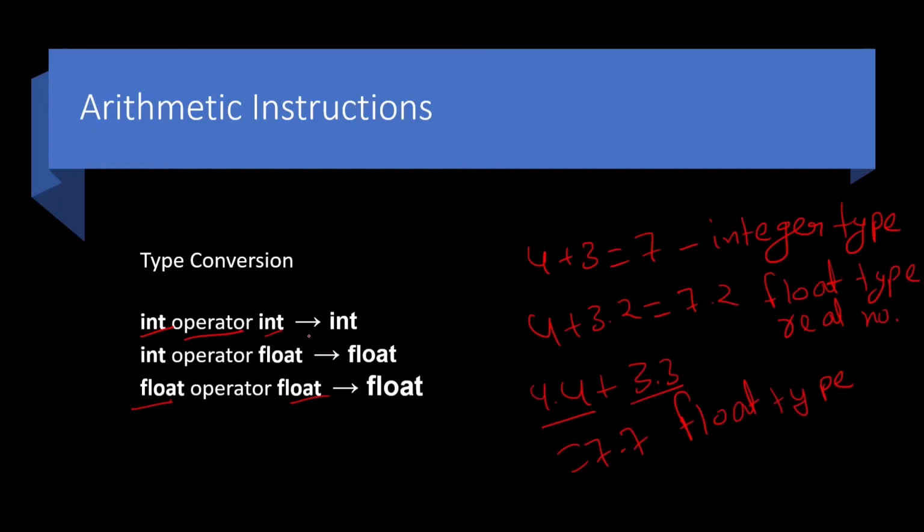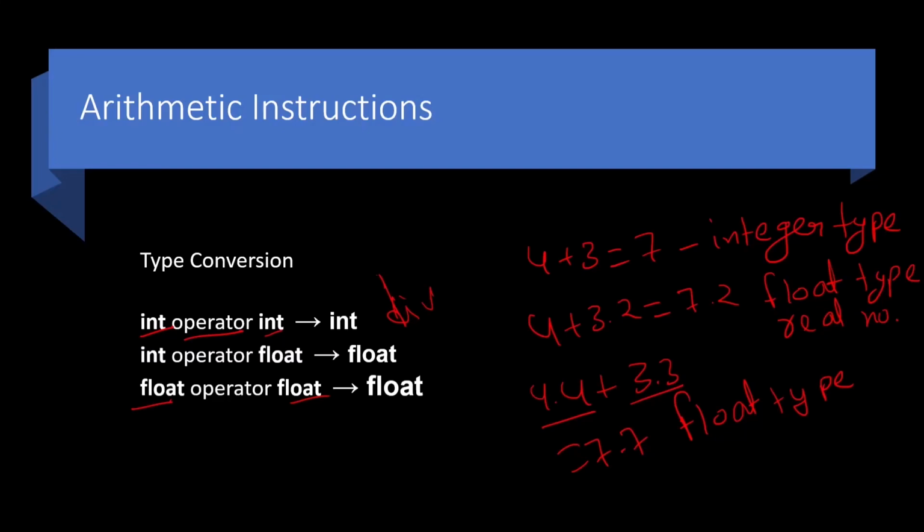Similarly, in a programming language using integer and integer, the result will be integer. And if you perform division, make sure the number is completely divisible by the other number, otherwise it will give you only the integer value, not the decimal point value.